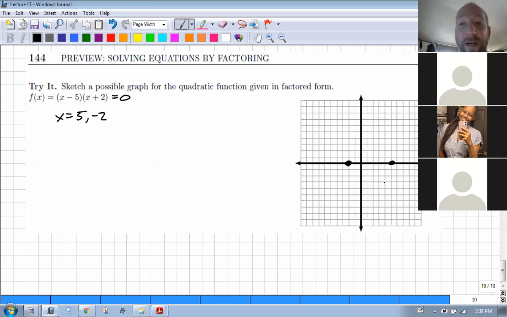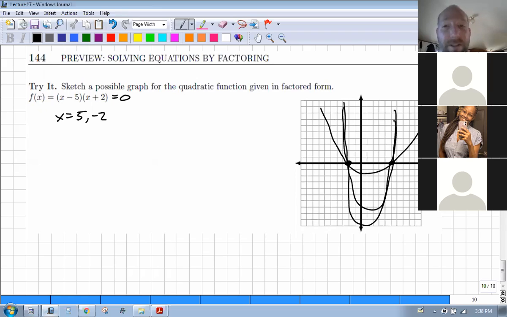A possible graph for that would be this, or this, or this, right? Given just that knowledge, any one of those would work, right?